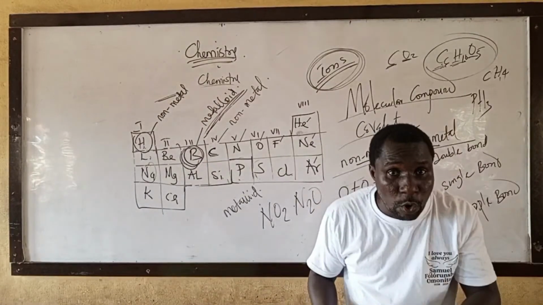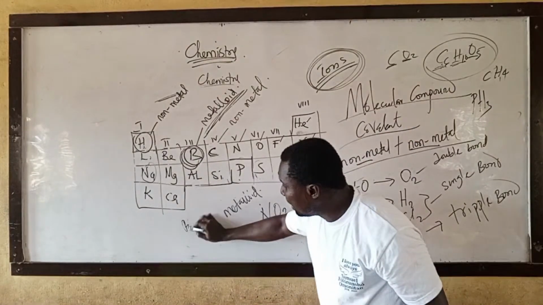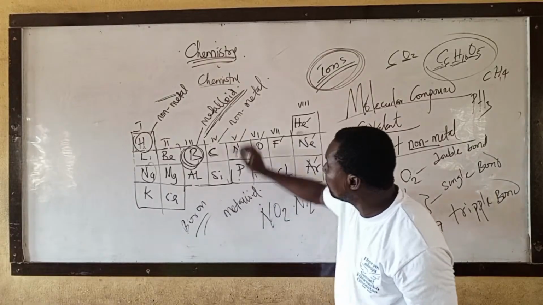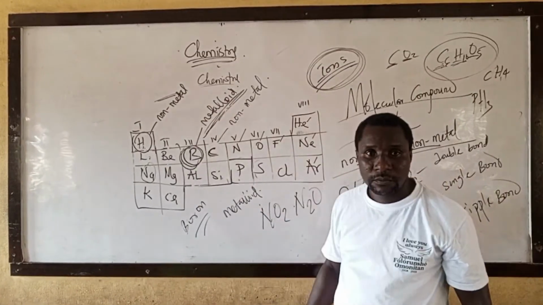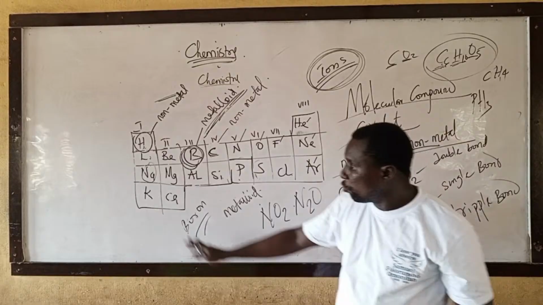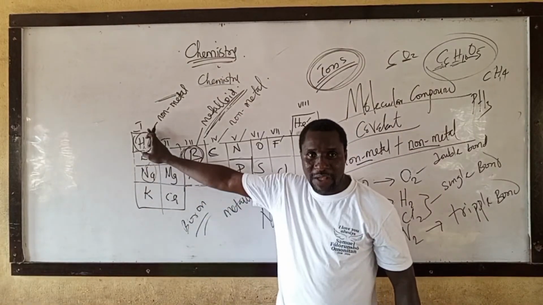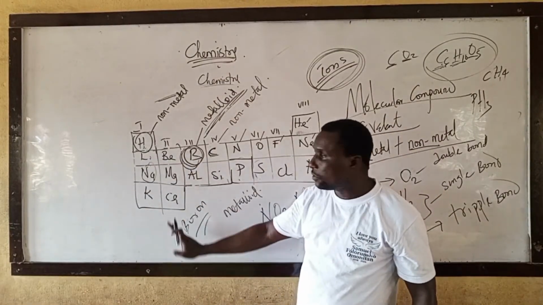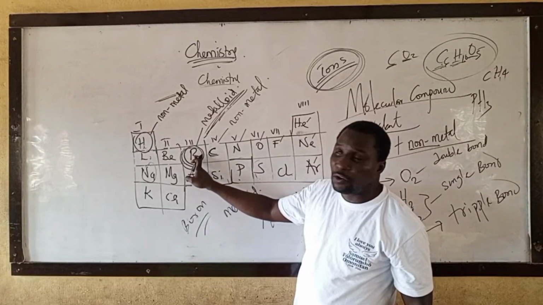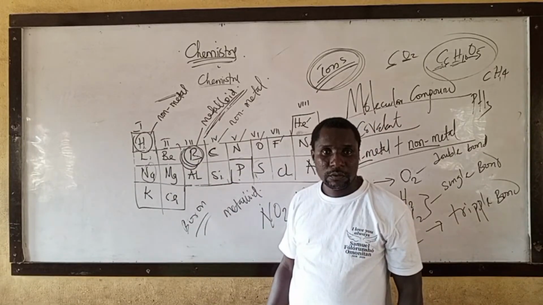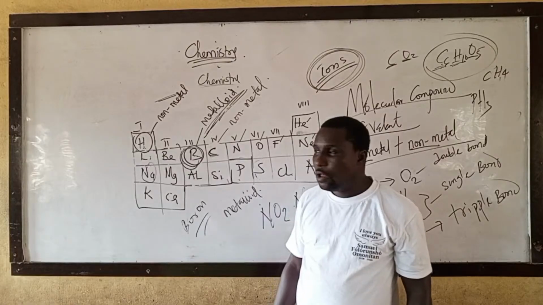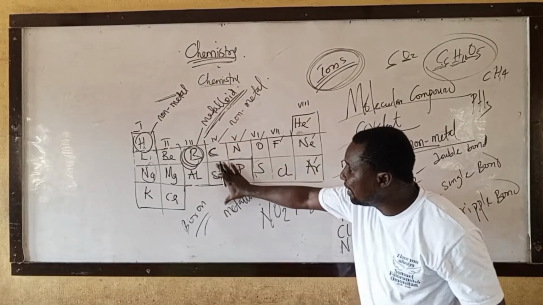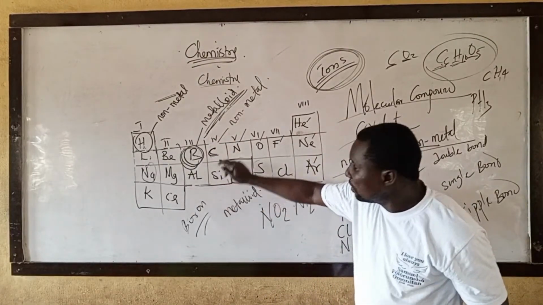Boron is a metalloid. Take note: group 1 are metals except hydrogen, all group 2 are metals, group 3 are metals except boron.